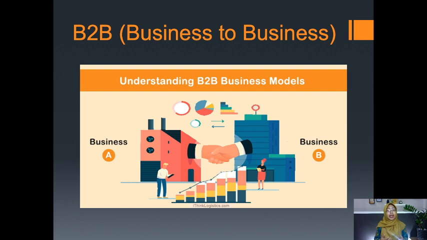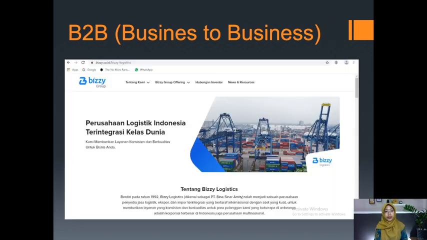So you can see there are many examples of this type of online transaction, which is a very high transaction. I mean, this is not only a small transaction of maybe 100 rupiah, it can go up to 1 billion rupiah. It can be millions because this includes one company to another company. This is an example of a business to business online transaction. In Indonesia, you can try to surf the internet by typing busy.co.id.